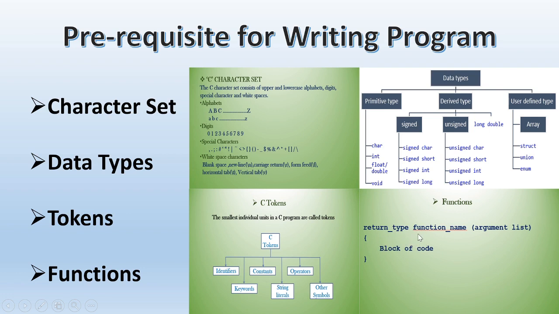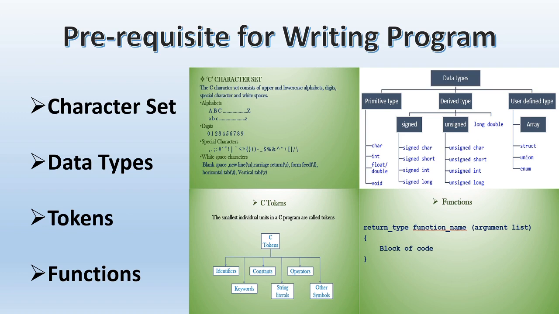Return type shows what type of data your function is going to return. Function name is any user defined name given to the set of statements which are doing a particular task. Argument list is basically an interface of the function with the main program.